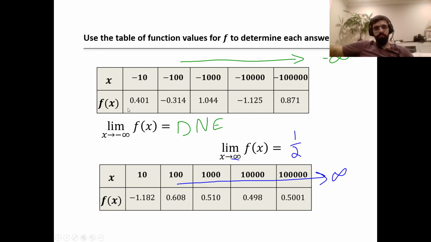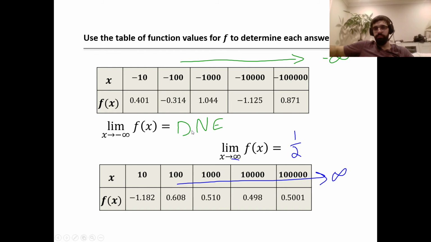As we approach negative infinity, there really isn't a pattern going on. We got positive 0.4, negative 0.3, positive 1, negative 1.1, positive 0.87. There's no pattern here. So based on this table, we don't really have enough information to find the limit, or the limit just doesn't exist.